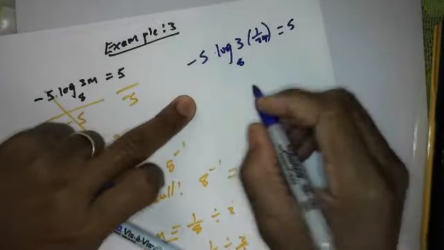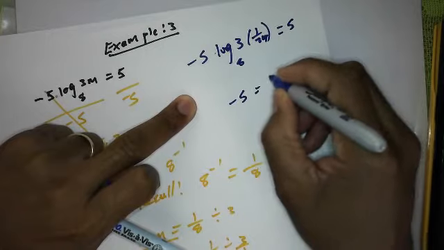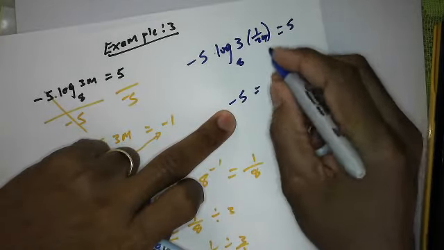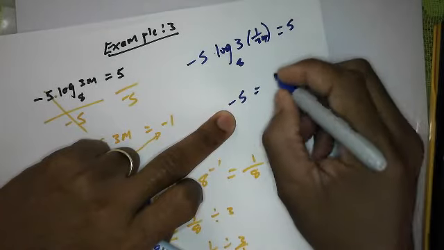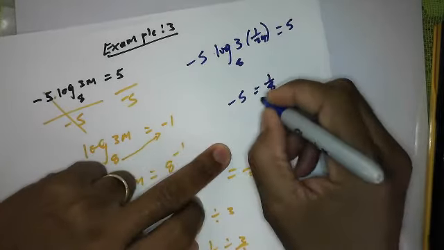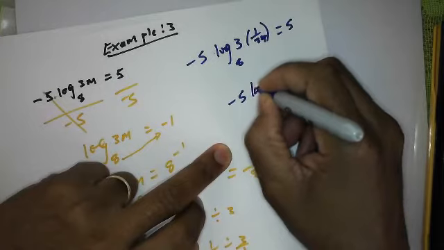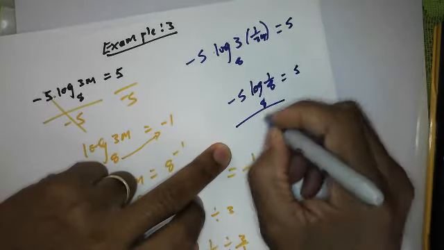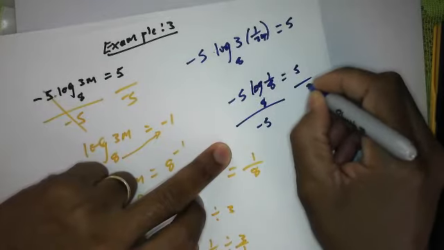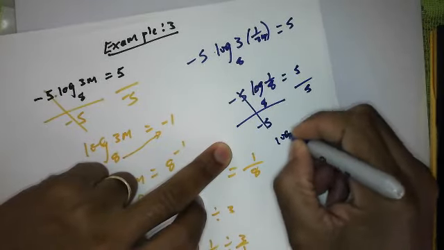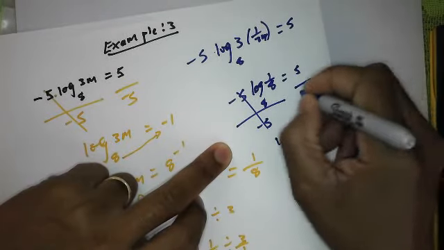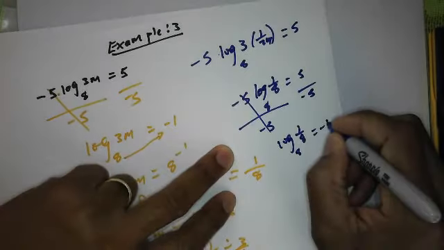So this would be 3 times 1 over 24, that would be 3 over 24, which is the same thing as 1 over 8. So this would be negative 5 log 1 over 8 base 8 equals 5. Again, if we divide both sides by negative 5, we would have log 1 over 8 base 8 equals negative 1.